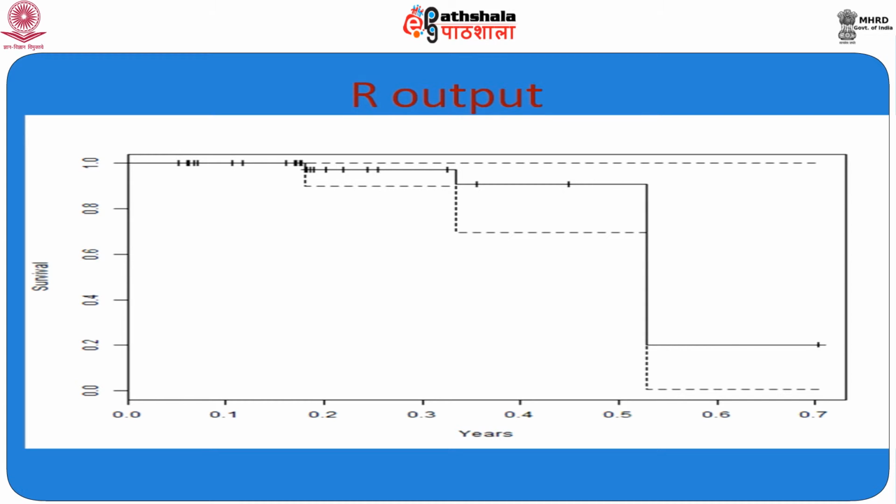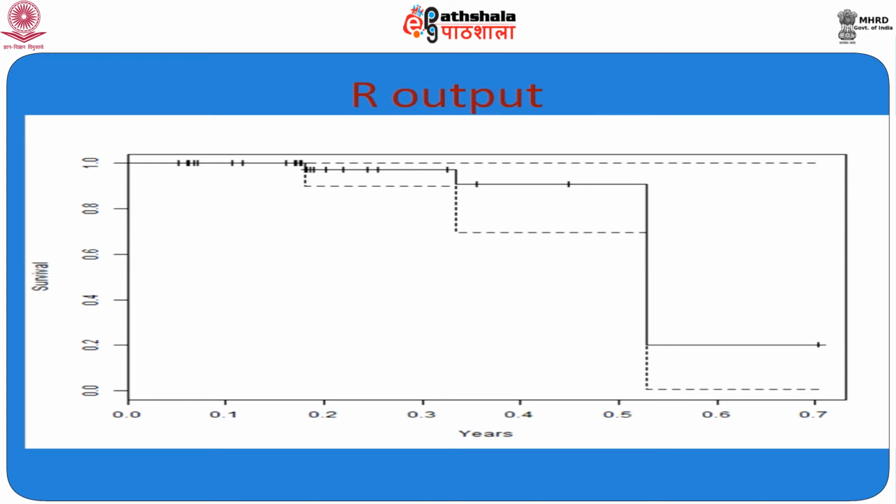Here it is to be noted there are some censoring observations measured in this data set as well. At the initial study period, all of them were alive, so survival probability is near 1, and as days pass, some of them died, and the survival probability keeps on decreasing.